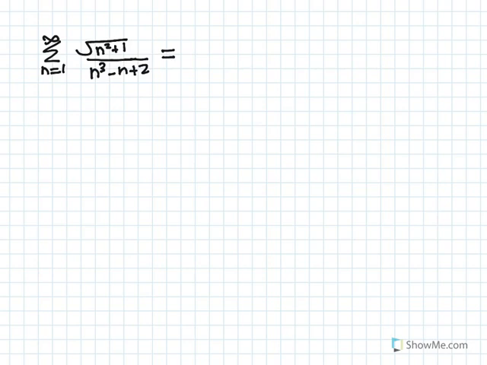So that leads us to applying the limit comparison test. We have summation n equals 1 to infinity, root of n squared plus 1 divided by n cubed minus n plus 2. For large n, this series behaves like summation 1 over n squared, n equals 1 to infinity.